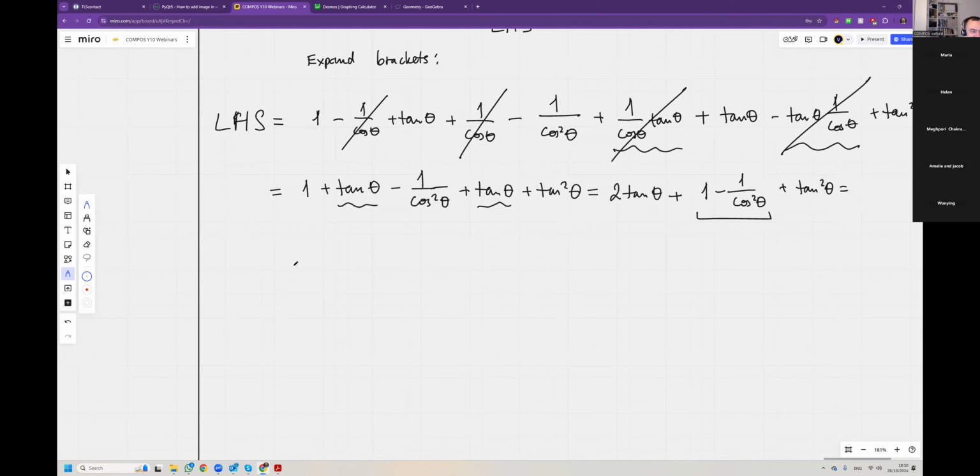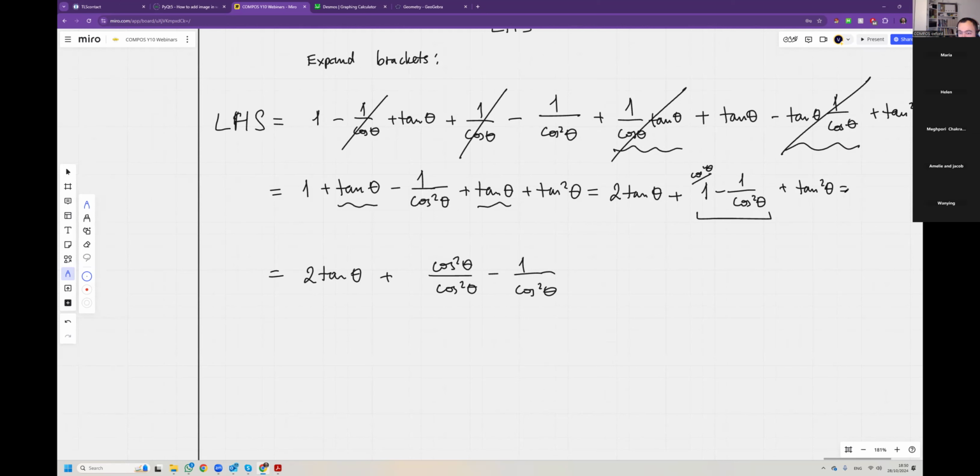Let's make two fractions. So I multiply this by cos squared theta. So it's going to be 2 tan theta plus cos squared theta over cos squared theta minus 1 over cos squared theta, and plus tan squared theta.